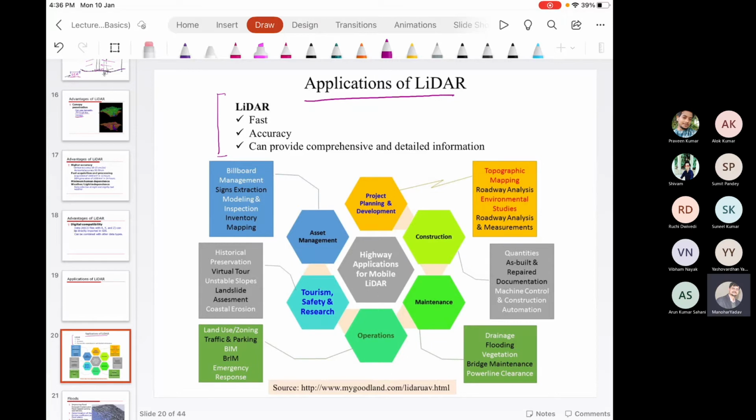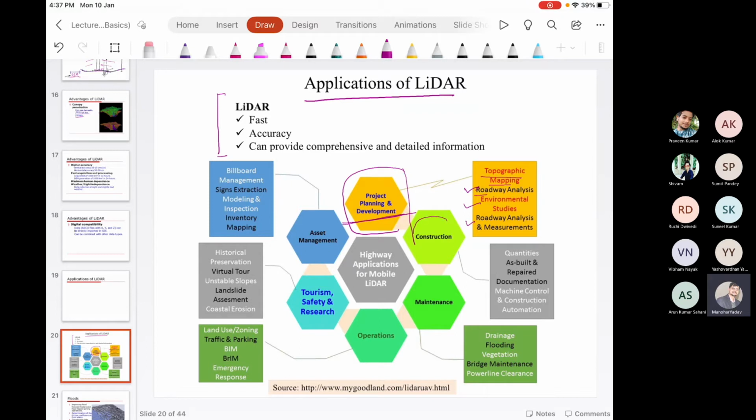We have many areas where nowadays the LiDAR system is being used, like project planning and development. For topographic mapping, roadway analysis, we use mobile LiDAR, environmental studies, roadway analysis and measurement.